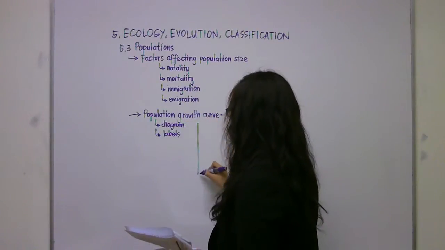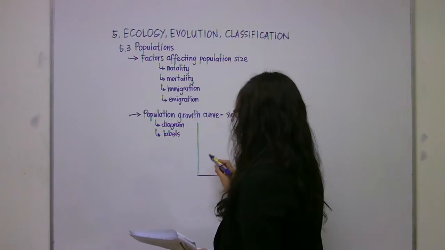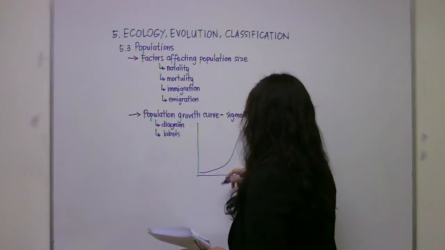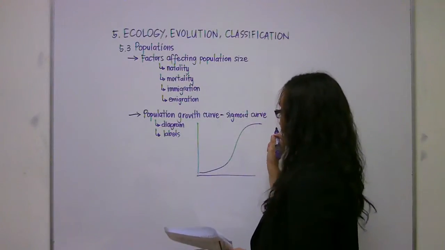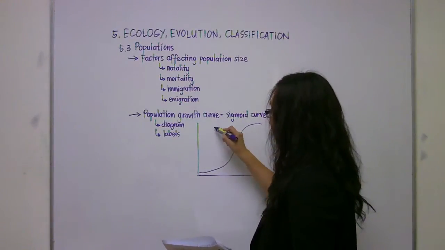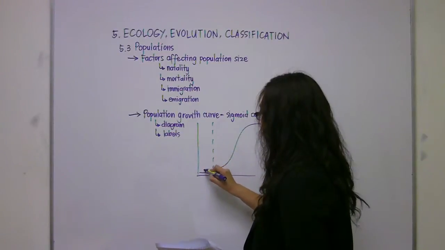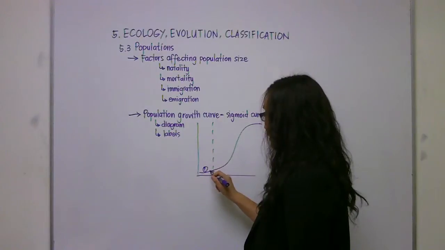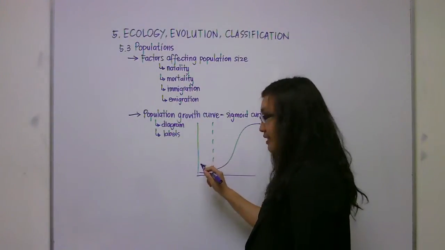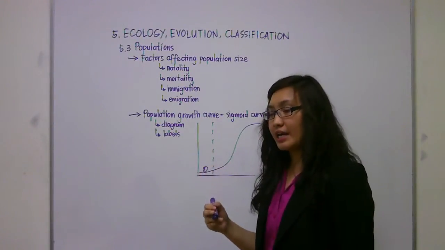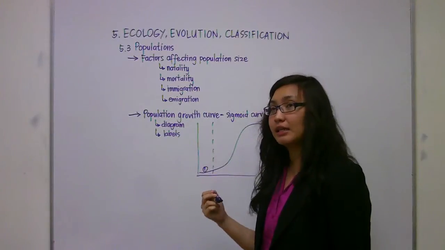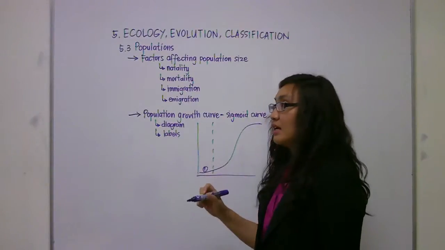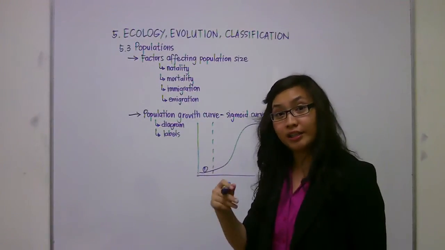For example, in this diagram we see an example of a sigmoid curve. On the first area, this is the lag phase, wherein the population is not yet increasing rapidly because the organisms are still adjusting to their conditions.